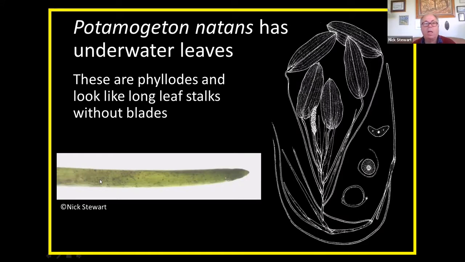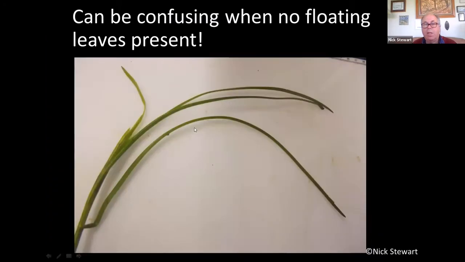They don't look like normal underwater leaves, but they have the same function. And normally it's not a great problem, but you will find young plants where the plant hasn't reached the water surface, where you just have the phyllodes, and those can be very confusing.